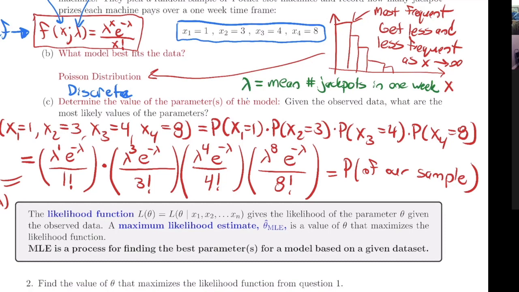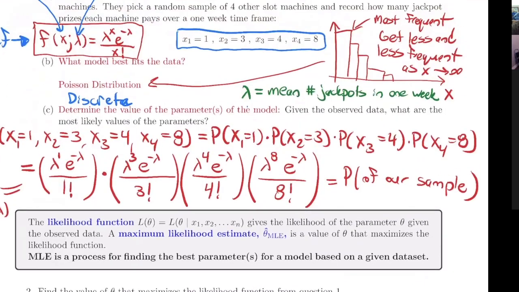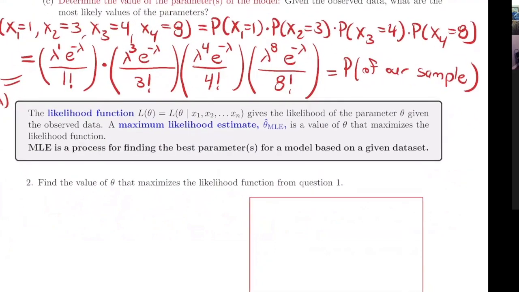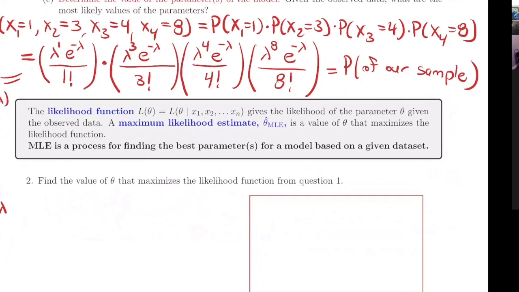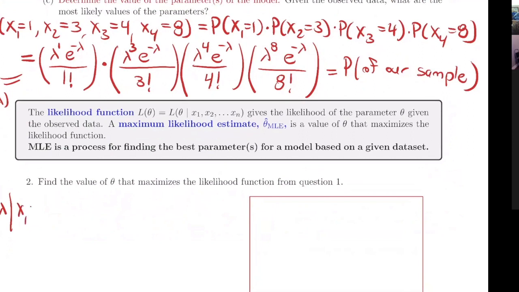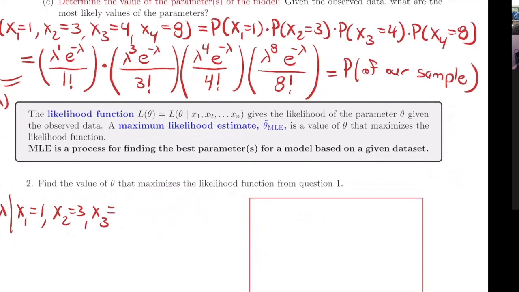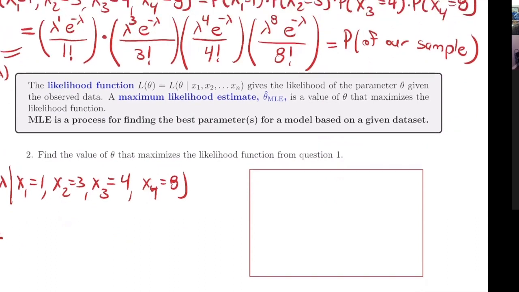Okay, so this function that we have up top, let me simplify this. And I will write it like so.